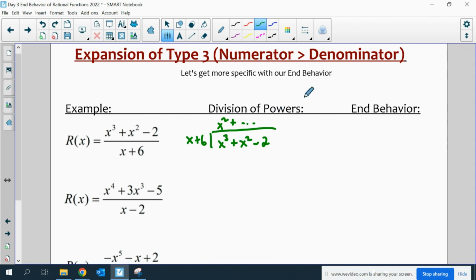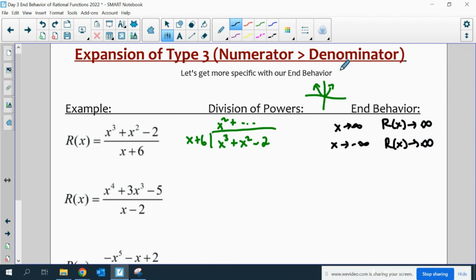And if I think about what the graph of y equals x squared looks like, my end behavior is going to go off to positive infinity for both things. So as x approaches infinity, or x approaches negative infinity, my function r of x is going to approach infinity for both of those.